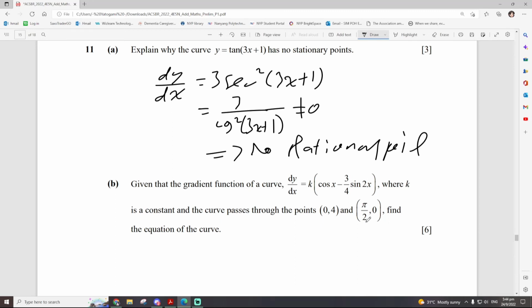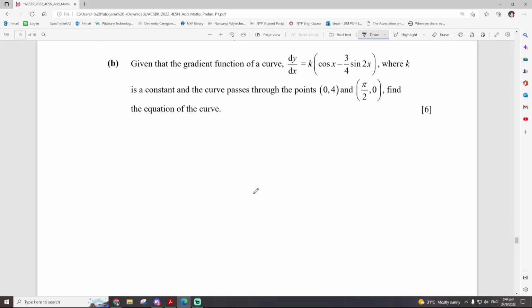Given that the gradient function of a curve, dy/dx, is k cosine x minus 3/4 sine 2x, and the curve passes through these 2 points, find the equation of the curve. Okay, so we'll find that the equation of the curve is of the form y equals the integral of k cosine x minus 3/4 sine 2x dx.